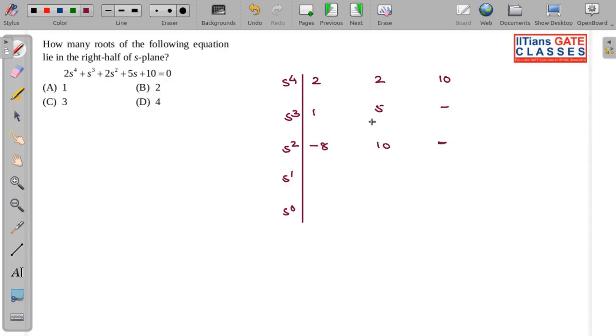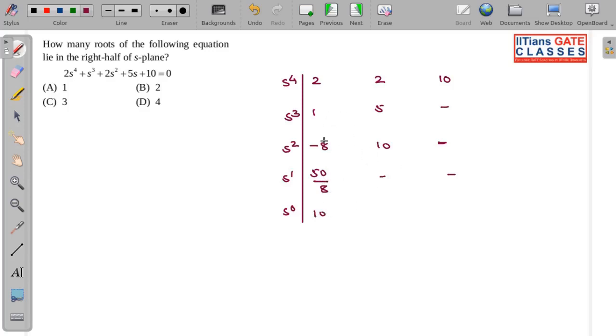So next will be minus 40 minus 10, so minus 50 by minus 8, so that is 50 by 8, and this all will be blank, and the last term will be 50 by 8 divided by 50 into 10 divided by 50 by 8, so that is 10.